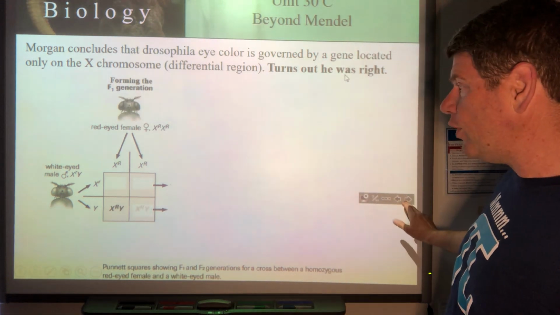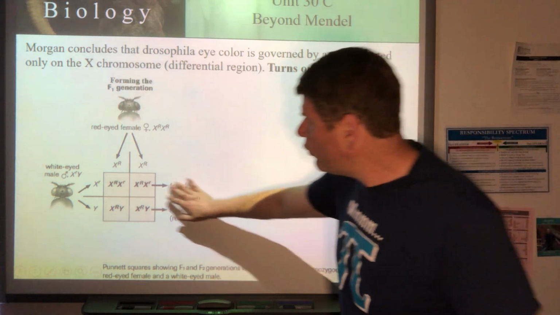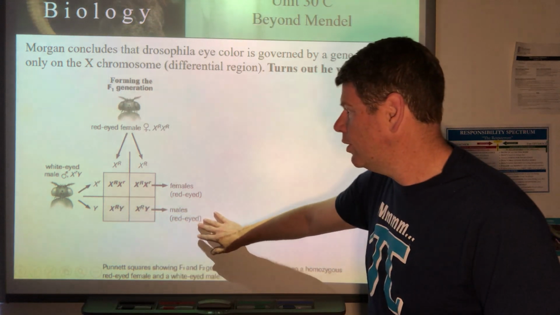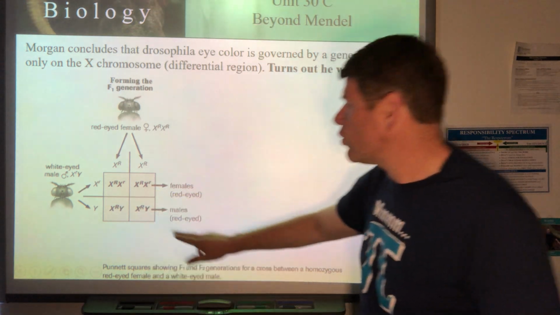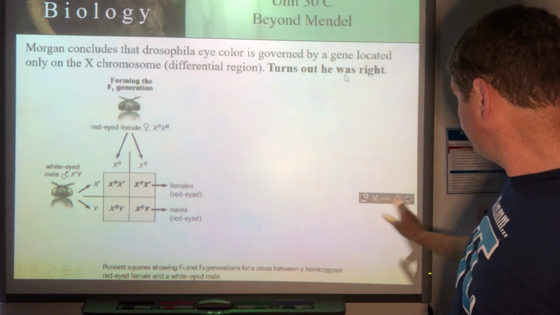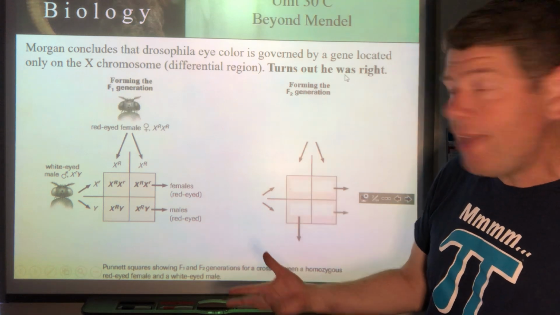Notice how it gets filled in. This proves that all females have red eyes and all males have red eyes. But the females are what we call carriers because they carry that white allele. The males do not.